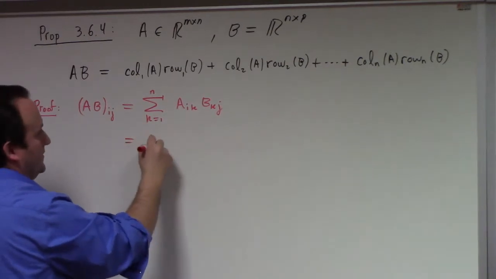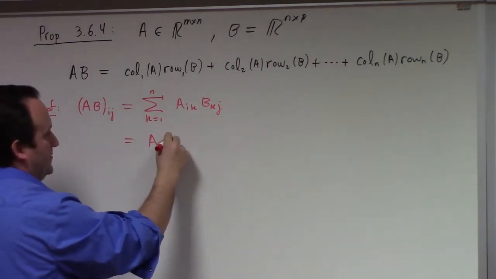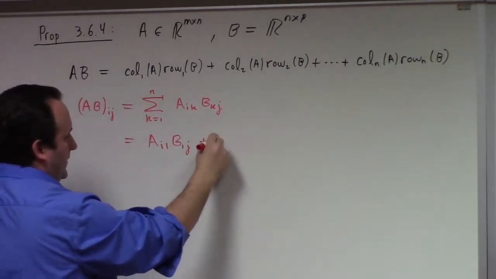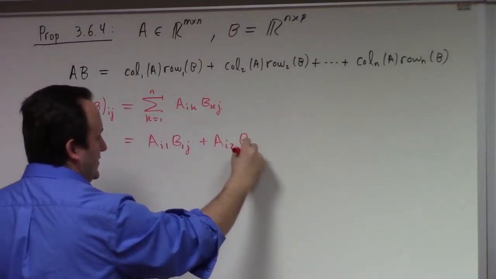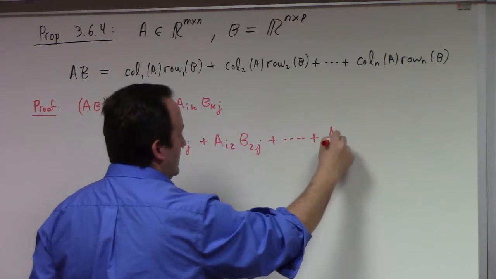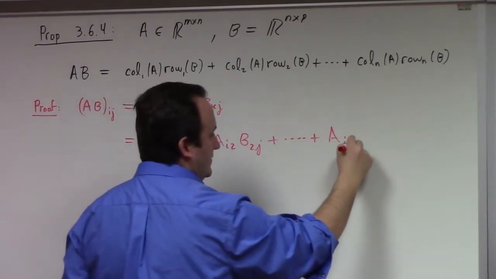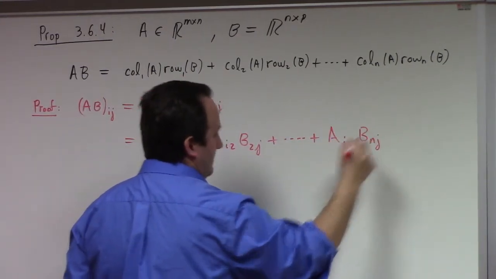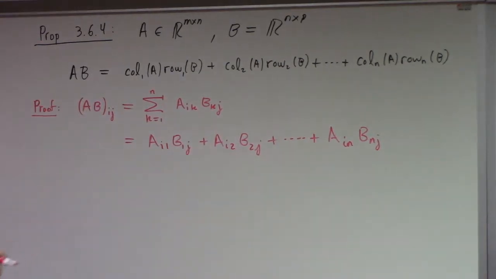So A_i1 B_1j, plus A_i2 B_2j, plus and so on, plus A_in B_nj. I think we all agree with that.